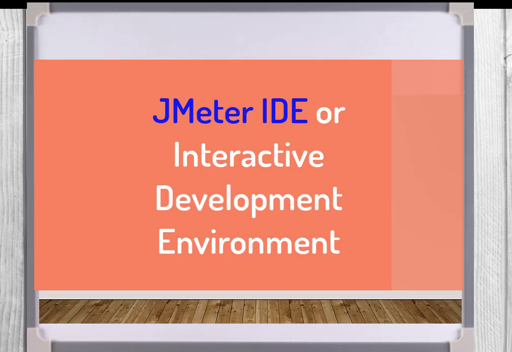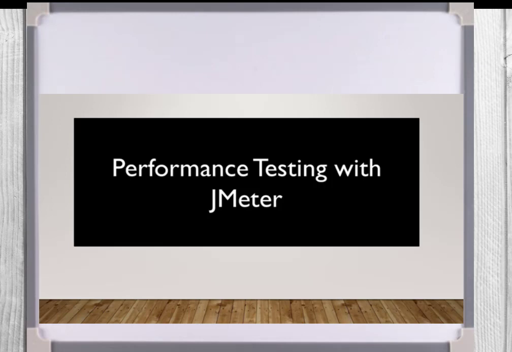Unlike Silk Performer or LoadRunner or Rational, JMeter is an open source tool. It installs easily, and it is a strong competitor to commercially licensed software. JMeter interfaces with Java and is built upon the Java language to assist you with performance test activities.